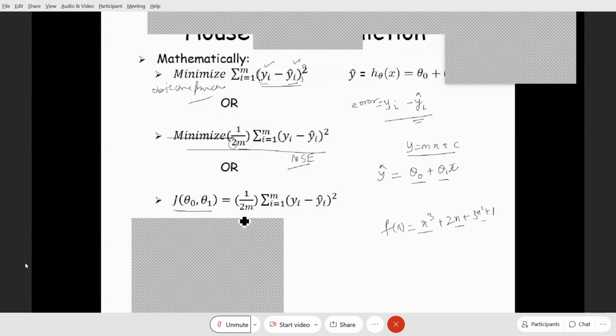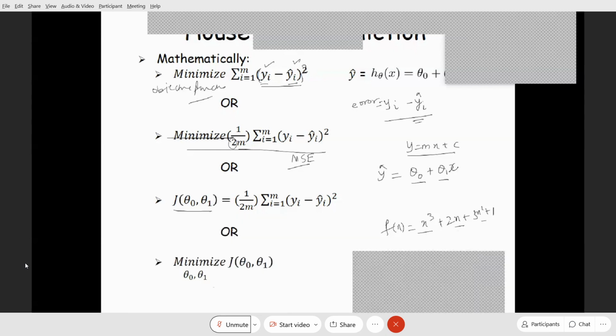And that point is an optimal value of theta 0 and theta 1. Do I sound convincing? Yes, ma'am. Okay, if you have any doubt at any point, please stop me there and ask me, and let me know if I need to talk about it again.